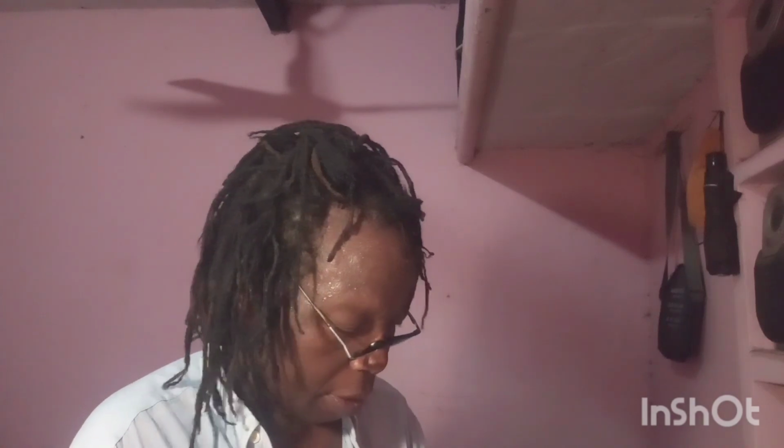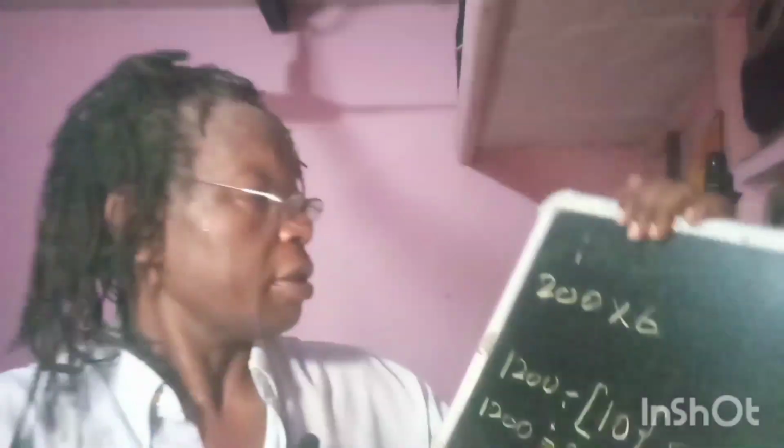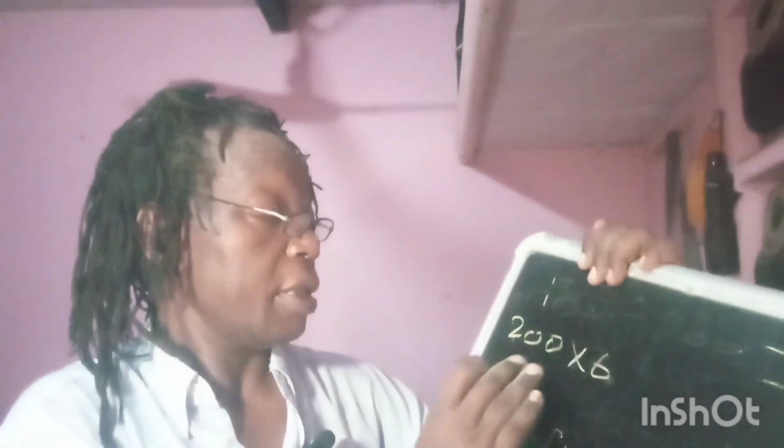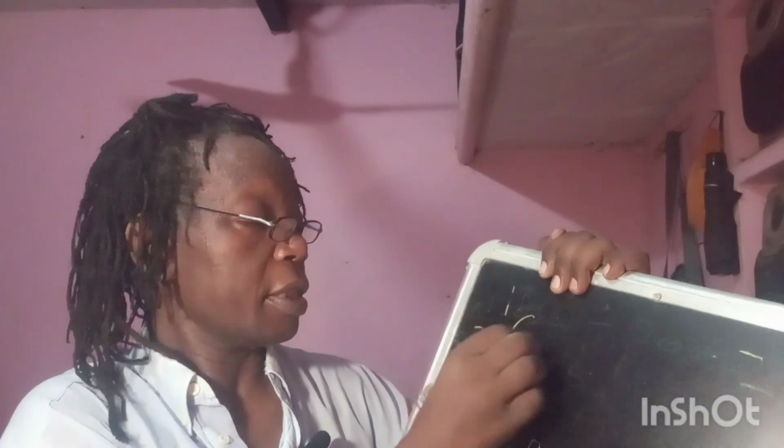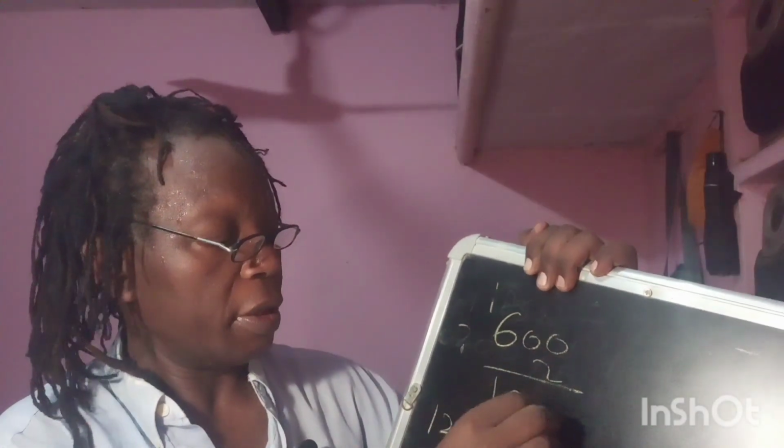You want to prove that you are right. 200 times 6 is what? The way I like to do it, take the zeros, 6 times 2, this will be 1200. Actually, it's common sense, you can do it from your head. That means 200 times 6. All right, what is the answer?